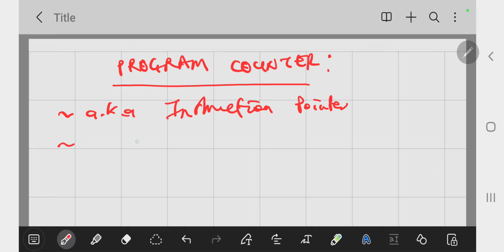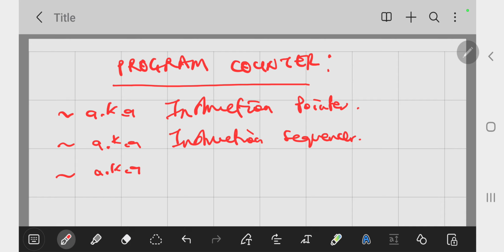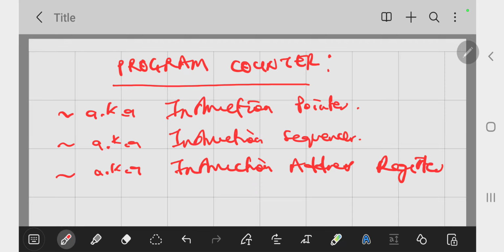It is also known as the instruction sequencer, and it is also known as the instruction address register. This is what a program counter can be referred to in some other books.